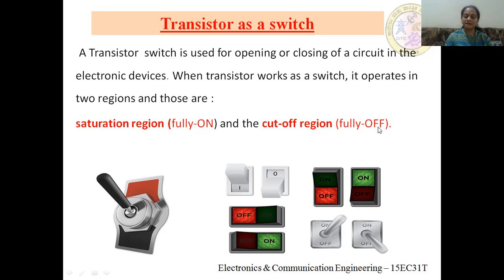So the transistor can be made on and off by working in these two regions. When maximum current flows, it is on. When no current flows, it is off. This is how a transistor works as a switch.